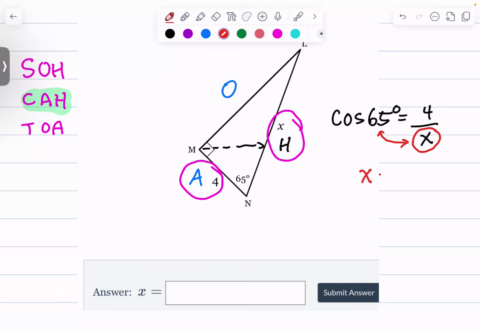So x is equal to 4 over the cosine of 65.